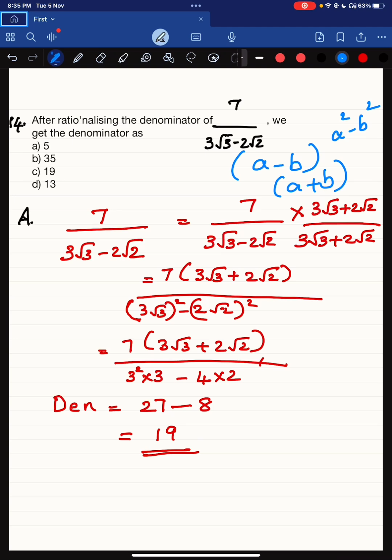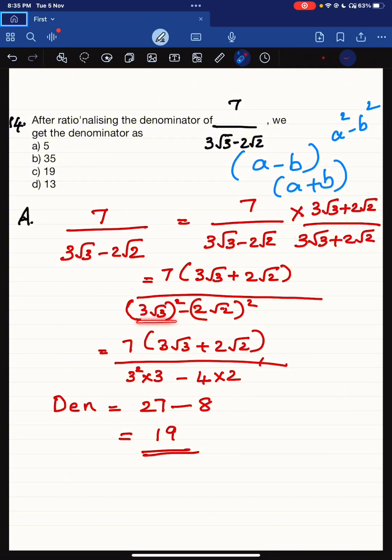So using that identity, 3 root 3 minus 2 root 2 into 3 root 3 plus 2 root 2 is equal to 3 root 3 whole square minus 2 root 2 square, right? The numerator stays the same. We want to find the denominator.